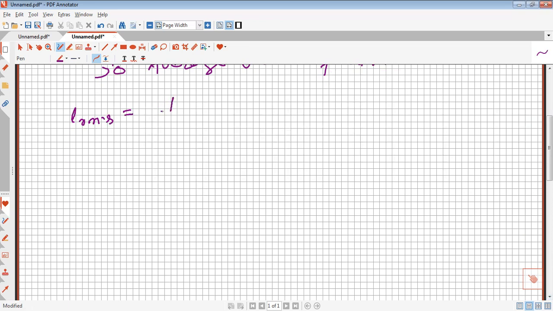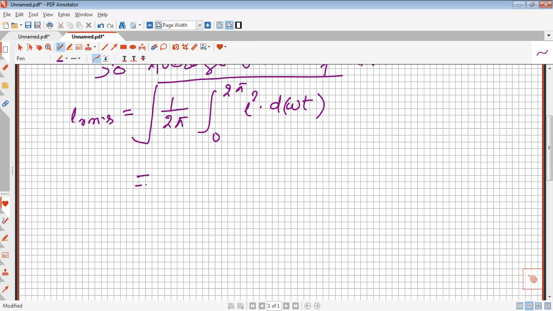As per our definition, we have to integrate from 0 to 2 pi, because it is a sinusoidal function, I square d omega t, and then take its square root. This is called the I RMS value. For this derivation of RMS value, you can also see our part 1, which is given in the description link.